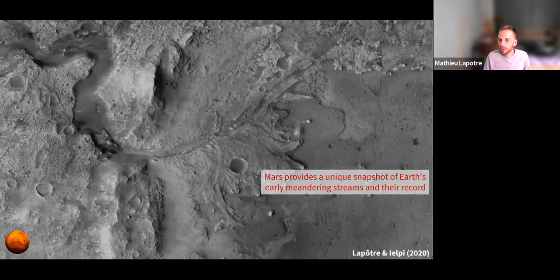So a little over a year ago now, the Perseverance rover landed in Jezero crater on Mars, where an ancient river once flowed into a lake and formed a delta, the Jezero Delta, the remnants of which you can see here. This is an orbital image of the delta. And on top of the delta lie the deposits of ancient sinuous channels that used to sweep across the delta top.